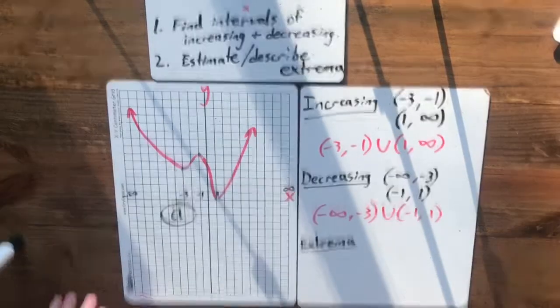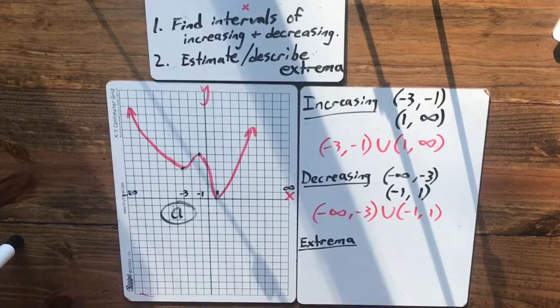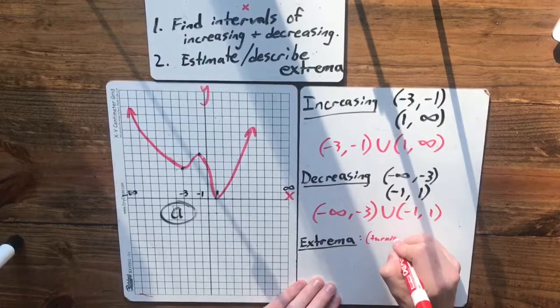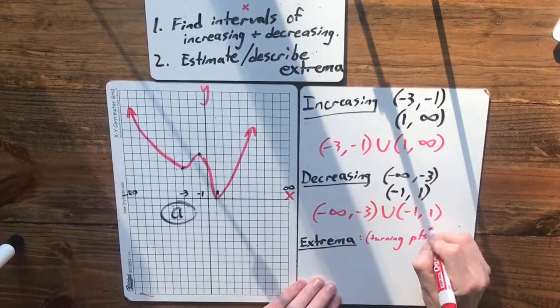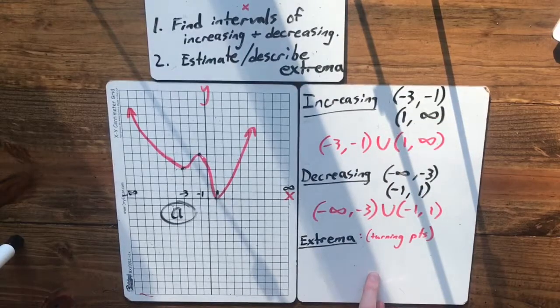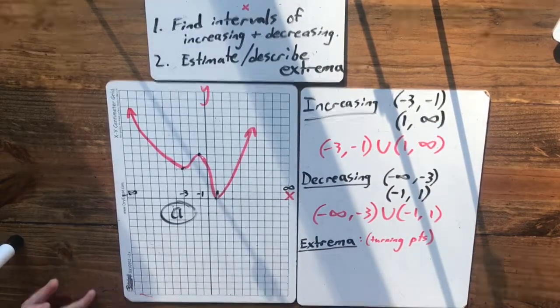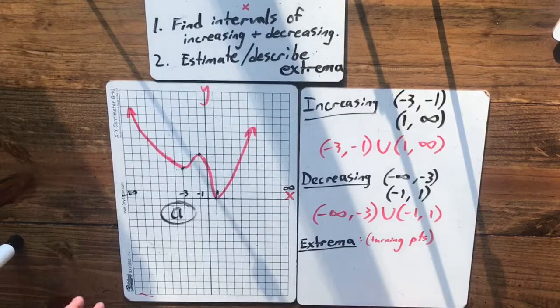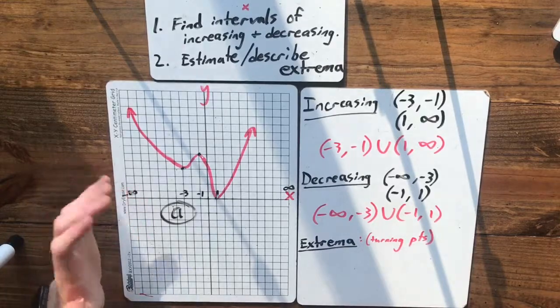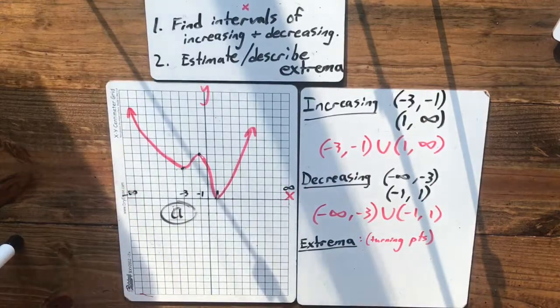Let's look at extrema. Extrema is a fancy name for turning points. We're literally talking about those 3 points right there that we were just using to find our intervals of increasing and decreasing. So when we're looking for our turning points, well, we can have relative extrema, which is saying, hey, this is relatively a low point or relatively a high point, or we can have absolute extrema.